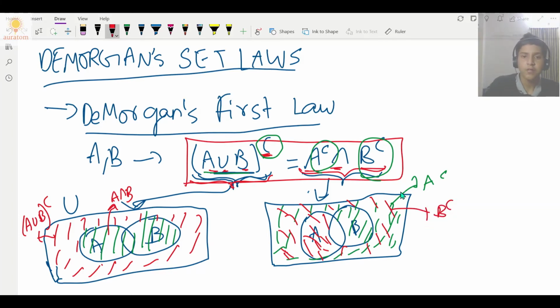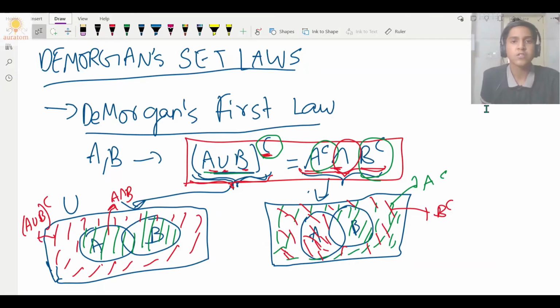And now what we have to do in this expression, we have to take the intersection of the A complement and B complement. And you know that the intersection of two sets is the common part of the two sets. It's like if the first set has some elements and the second set has some elements, the intersection is the common elements of both sets. So in this case, the intersection is the common part of the two sets, A complement and B complement.